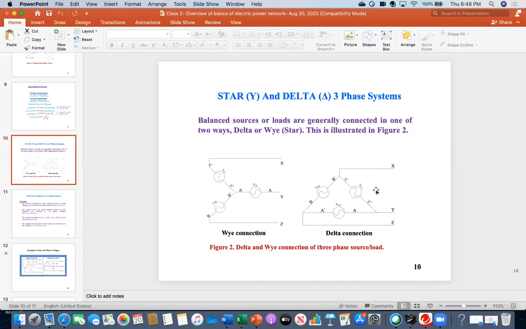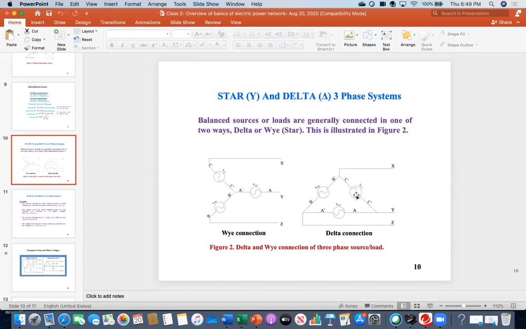In case of the delta connection, the line voltage and phase voltage are the same. But now you see, for example, you connect an ammeter here and you get 10 ampere, just an example. Now you connect an ammeter in this line. Will it be the same? No, it will be different, because you see the current here is 10, but you don't know how much is coming from here and how much is going from there.